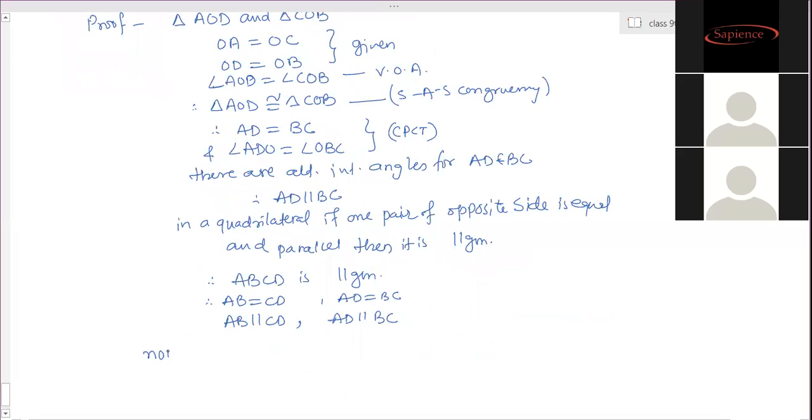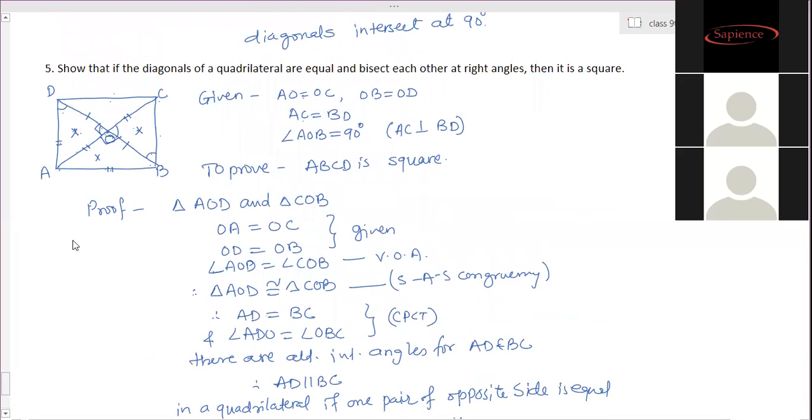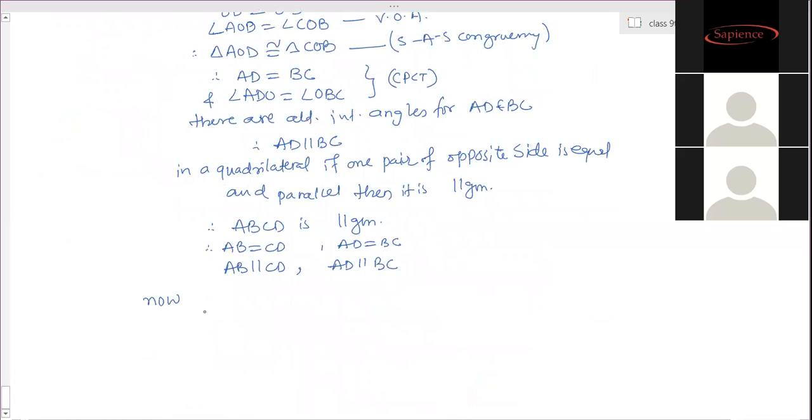Now we have to prove adjacent sides are equal. So that is, we have to prove now all sides are equal. So AOB and AOD we have to consider, congruency we have to prove.